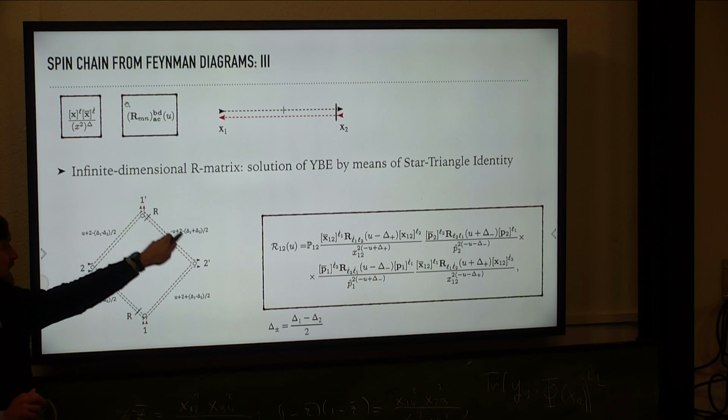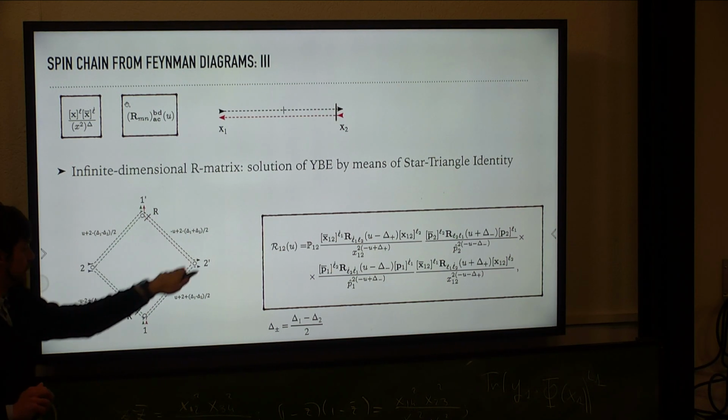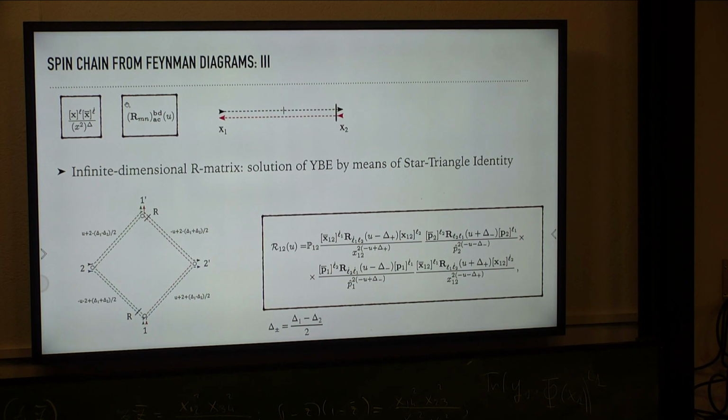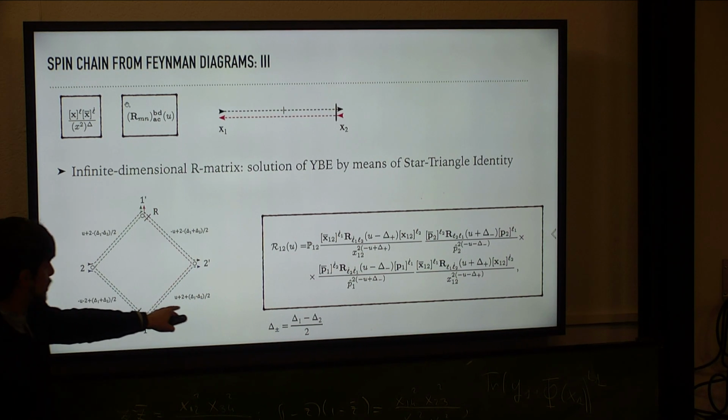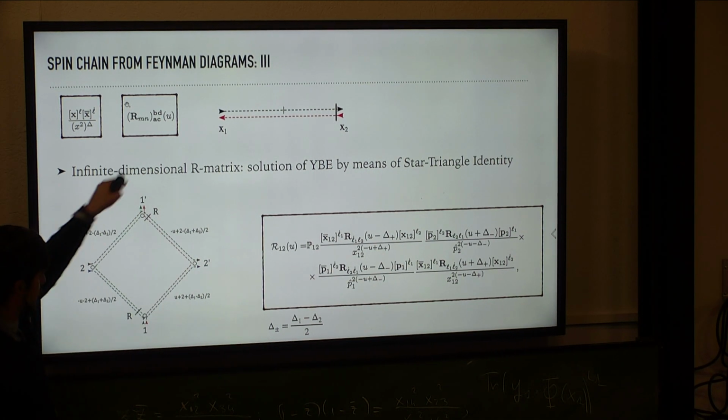The argument of the R matrix is related to the adjacent number, where these four numbers are the powers of the propagator, the scaling dimension of these propagators. You see, u is a spectral parameter, and otherwise these powers depend on physical and auxiliary dimension, here space 1 and space 2.